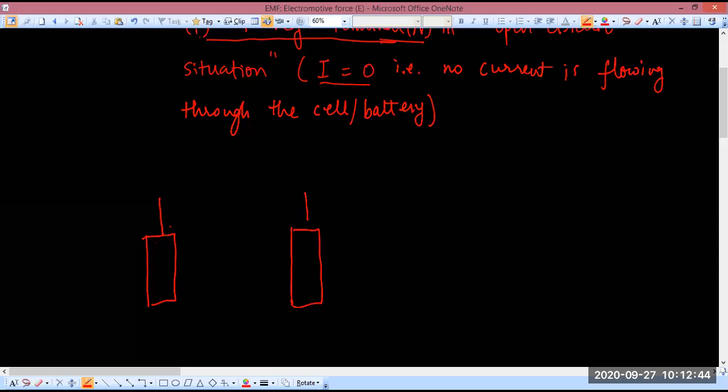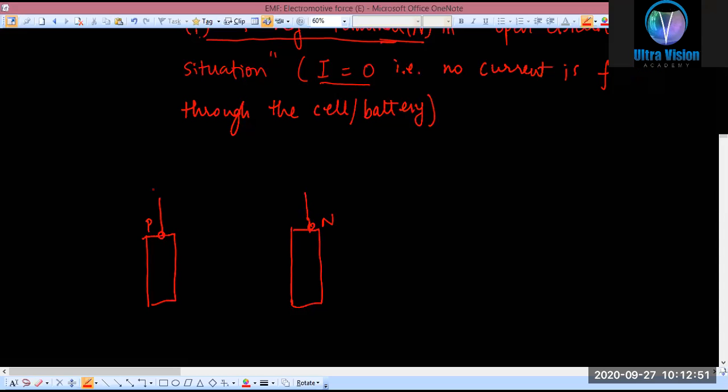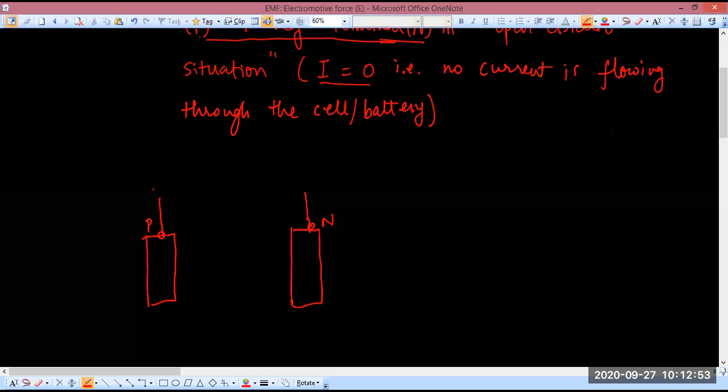Here's the point P, here's the point N, the positive and the negative terminal. When you connect a resistor or any other device, maybe a bulb, then current will start to flow.